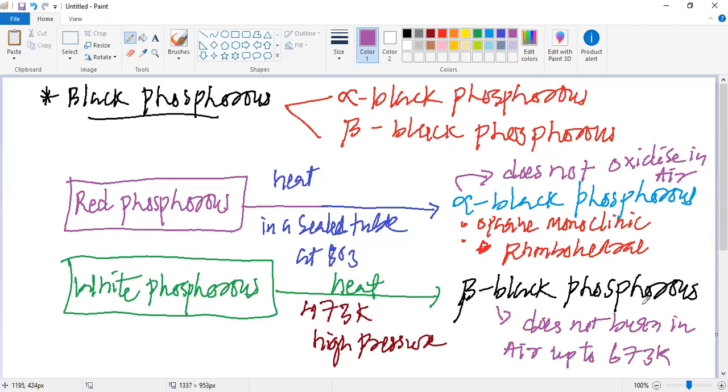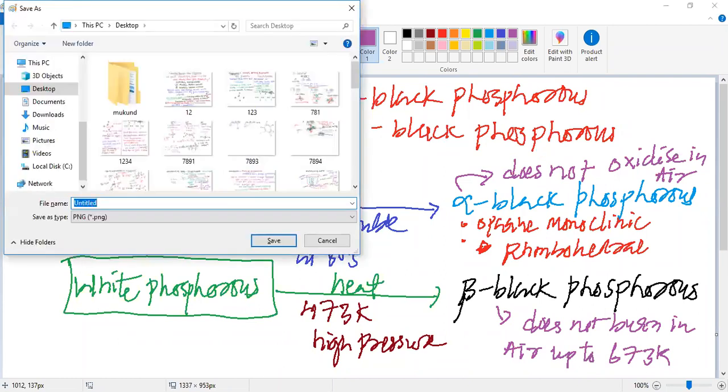After 673 Kelvin it can burn in the air, but up to 673 Kelvin this beta black phosphorus does not burn in the air. So this is how, my dear students, we can study about the various allotropic forms of phosphorus.